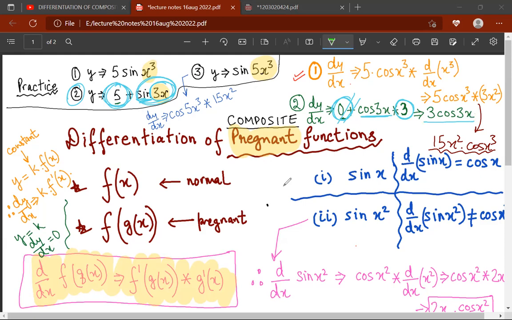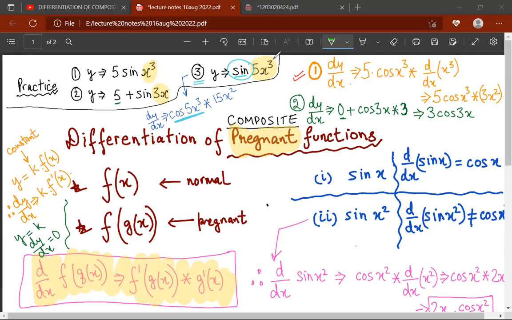Okay. Let us take another example. y is equal to sin 5x cube. Again, mama baby function. First the differential of the mama function. Differential of the mama function would be cos 5x cube.